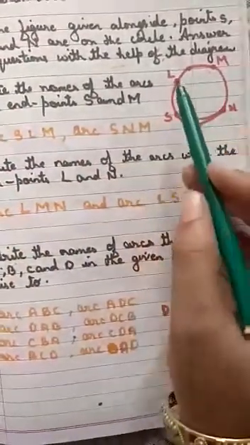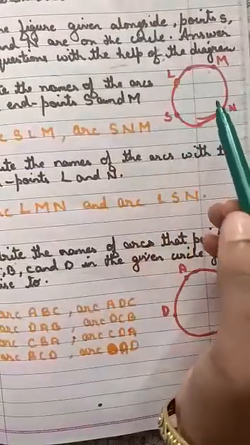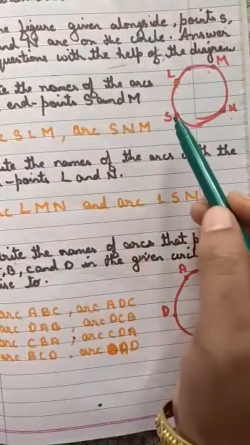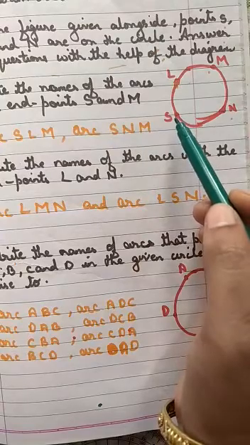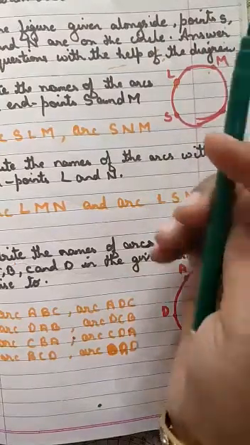So here this is the arc. We have to write the name of the arc which ends at the S and M. Understood?